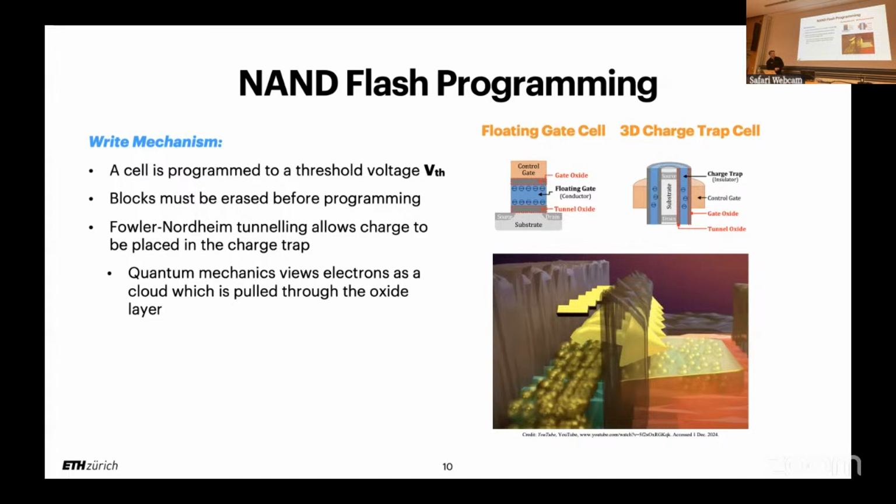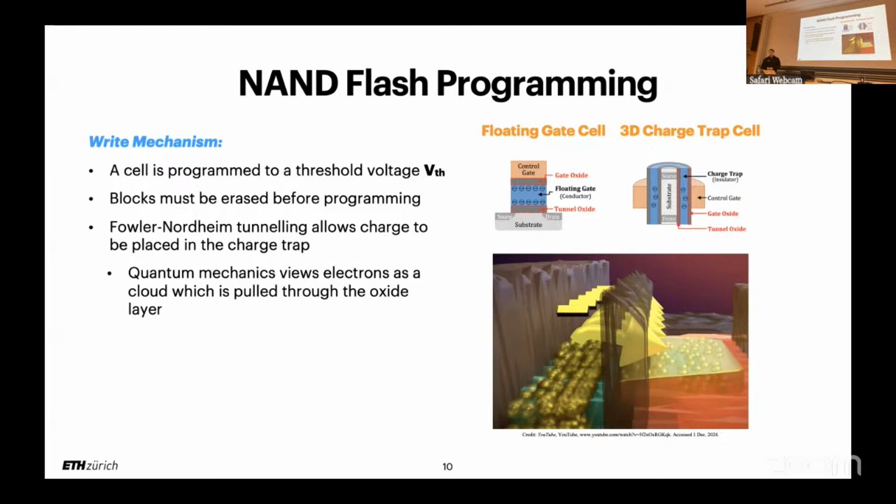And by applying a high voltage at the control gate, so the orange parts in these diagrams here, which would be to the right in this bottom image, we would basically pull these clouds through the oxide layer, which is a solid barrier, and it would have a non-zero probability of appearing in the actual cell, and thereby we would change the threshold voltage, storing a value.